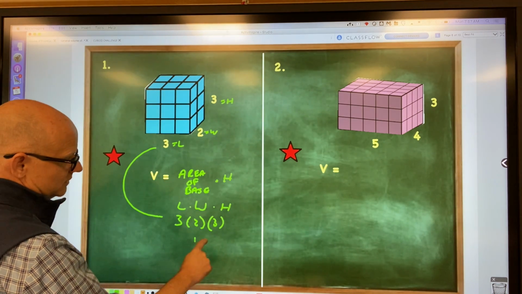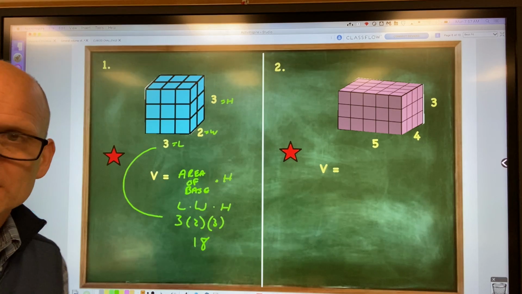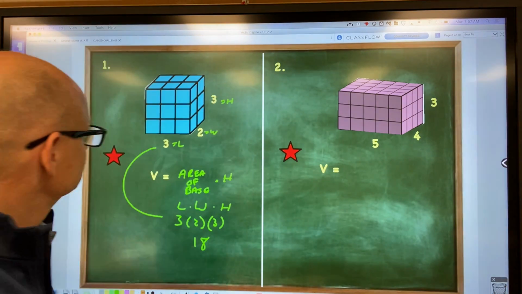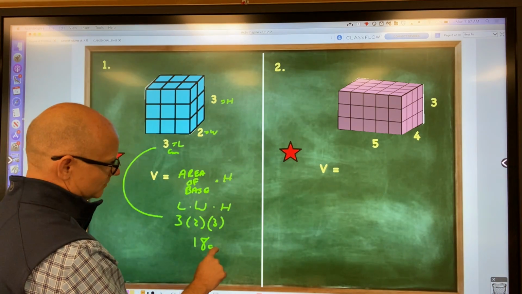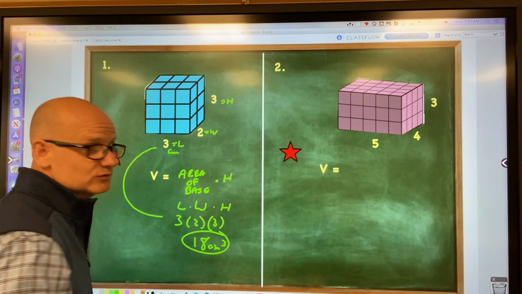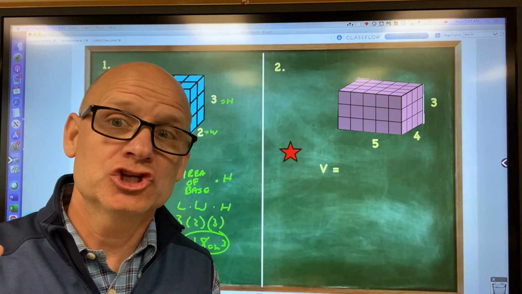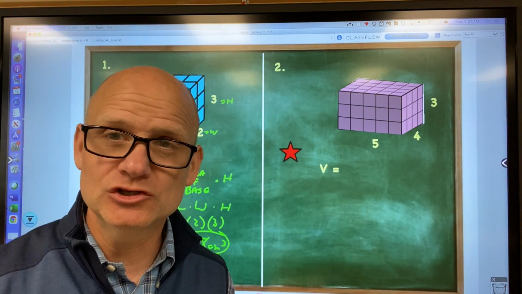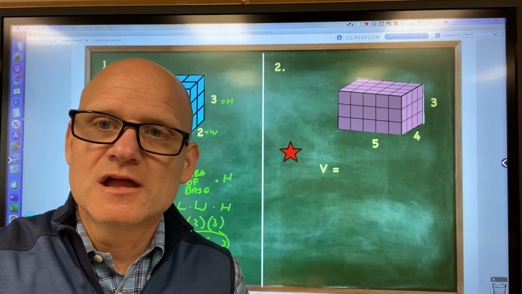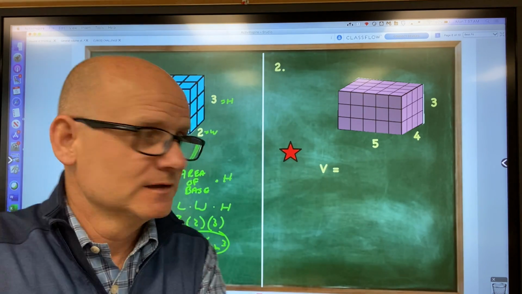You do all this and you get 18. But it's cubes. If this was centimeters, you would say centimeters cubed. If it was inches, you would say inches cubed. If it was miles, you would say miles cubed, because again, you're using cubes to count up the space that it fills up.